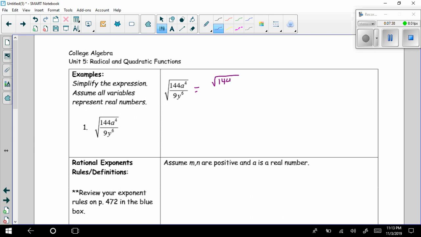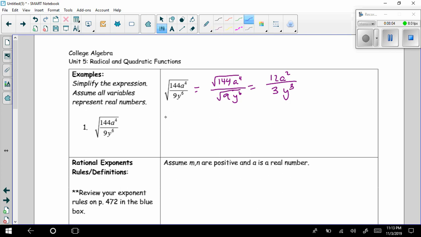I also see that 144 is a perfect square, and we're taking square roots. So I could split it up like this. Take the square root of 144 is 12. Square root of a to the fourth is a squared. Square root of 9 is 3. And y to the sixth is y to the third.